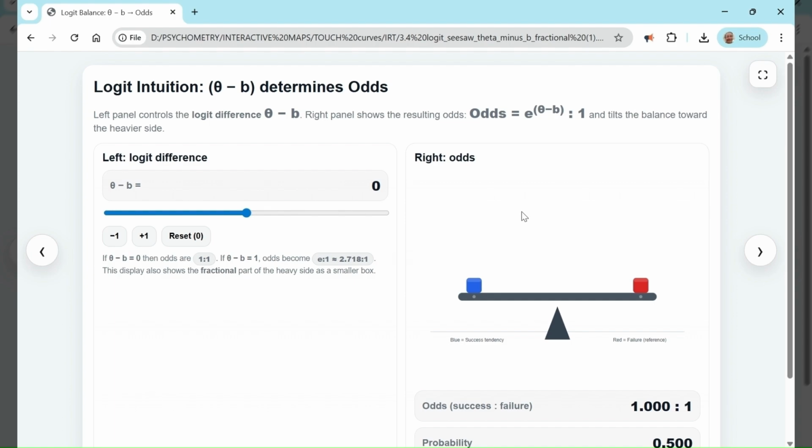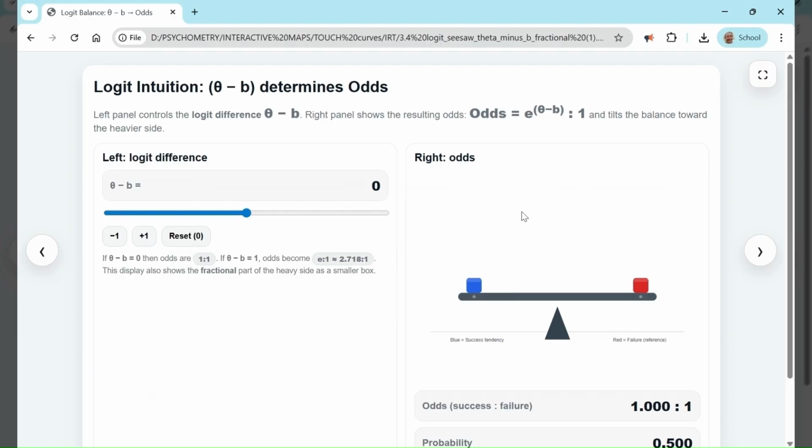So, for example, we are speaking about logits of abilities of students. We say, for example, that student A has an ability of two logits and student B has an ability of one logit. So they have a difference of one logit between them. Student A is higher by one logit than student B. So what does that mean? I mean, being higher by one logit of ability.